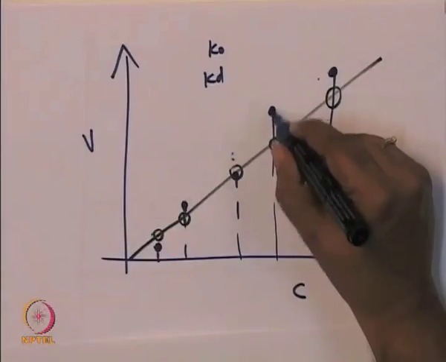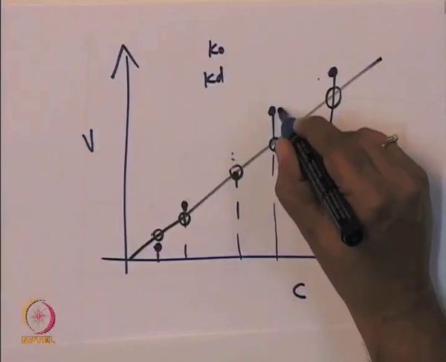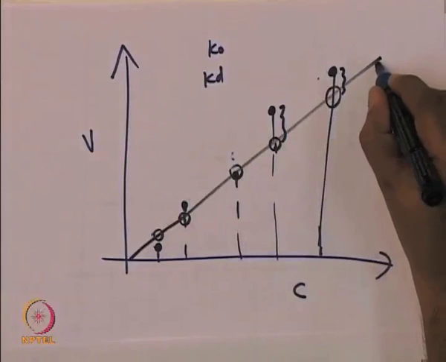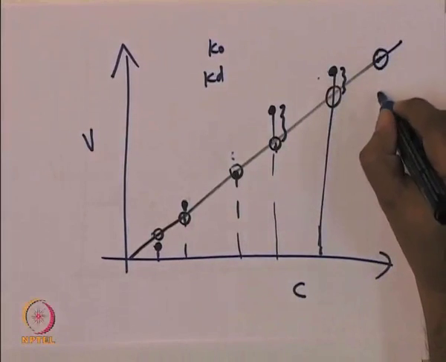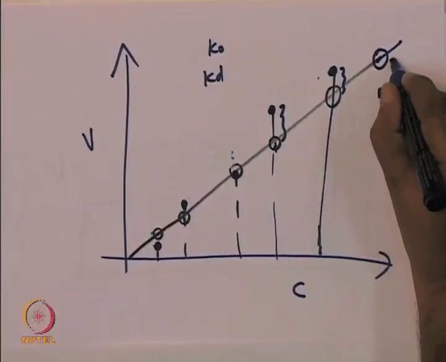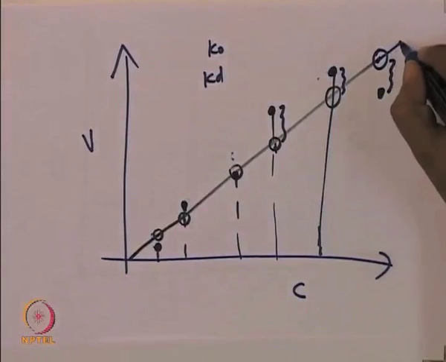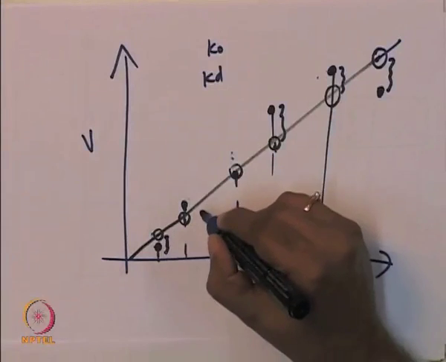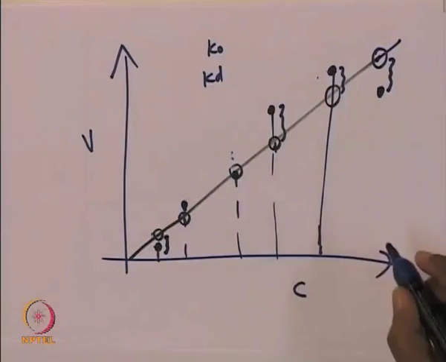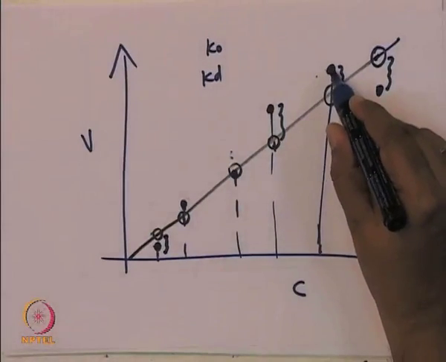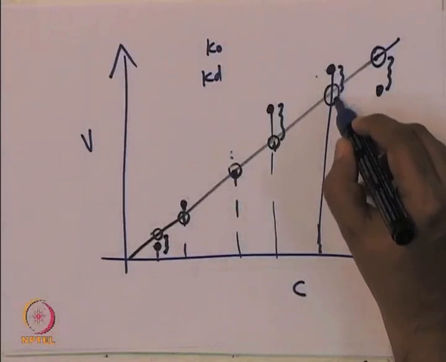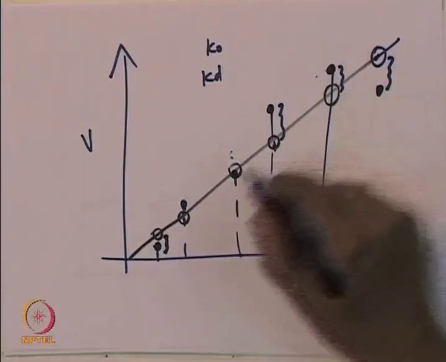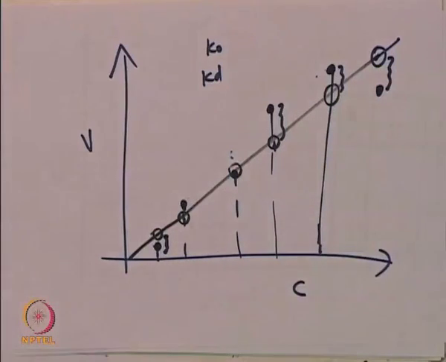For each point there will be a deviation. The theoretical value is this, the experimental value is this, so this deviation will be this. For some other case, here also the deviation is this. So, each experimental value will have some deviation from the theoretical value that you will get from the best fit.